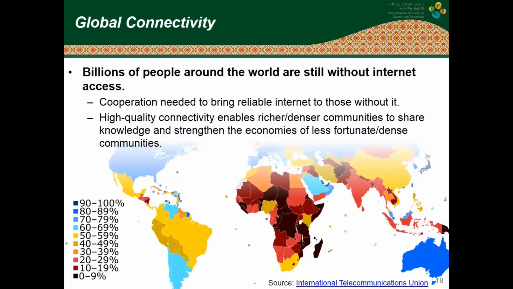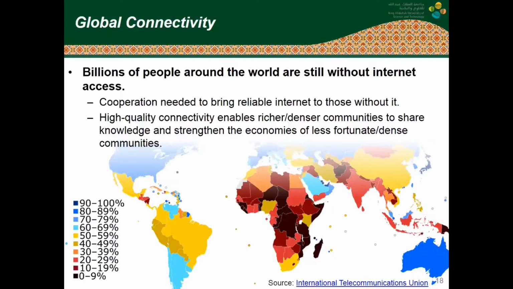So it does not make much sense for a mobile network operator to dig hundreds, if not thousands, of kilometers to install fibers or even simple cables to reach a sparsely populated remote or rural area, because this is not the way to get back your money, as simple as that. So this is what is well known as backhauling, or connecting remote areas in a cost effective fashion, being one of the big barriers to bring global connectivity.